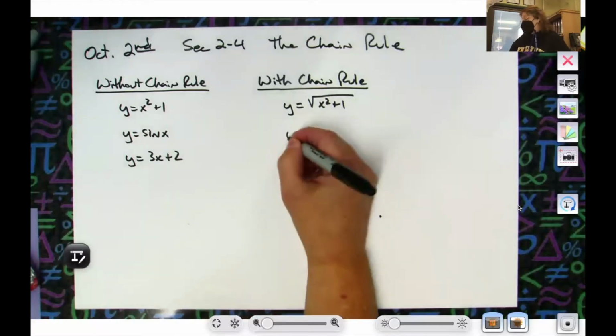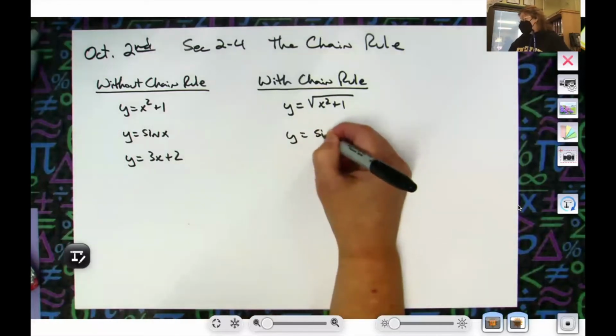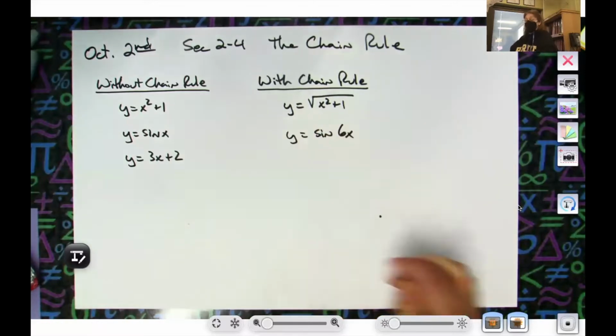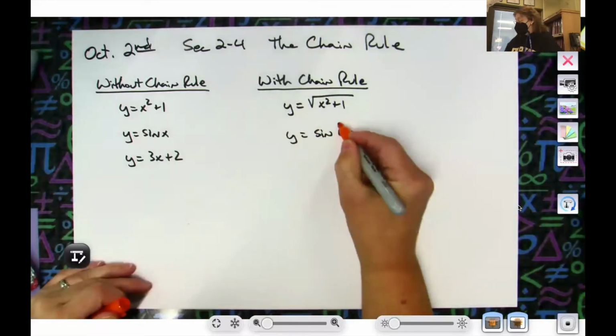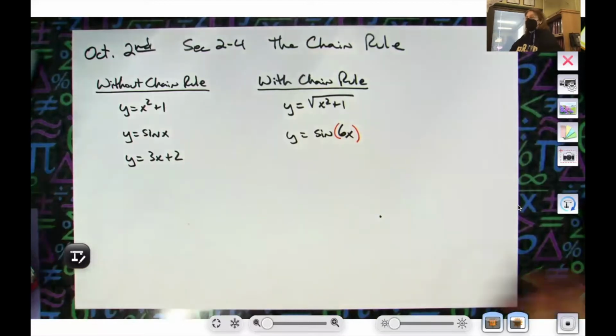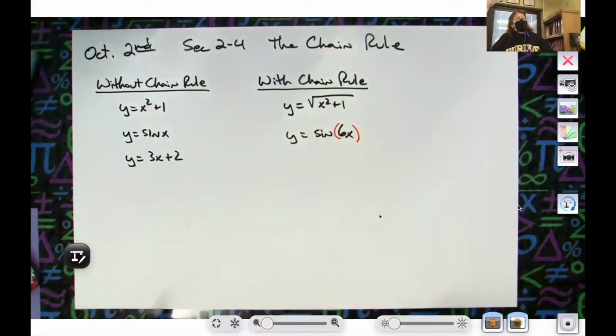If I had y equals sine 6x, and again, I generally don't put the parentheses around there, but technically they're there. On that one, where's the inside part of the function? 6x. What's the outside function? Sine, not sine x, just sine. Inside is 6x, the outside is sine.